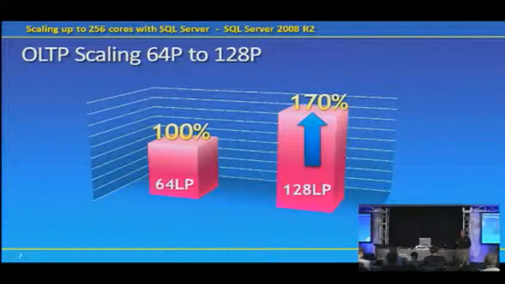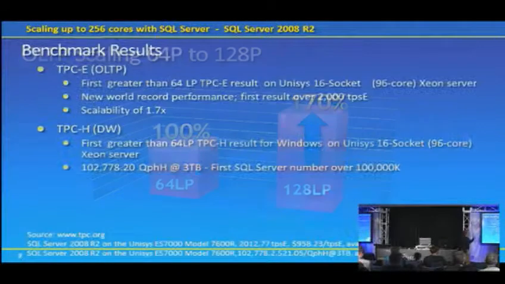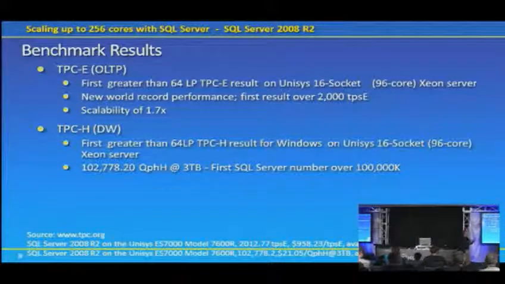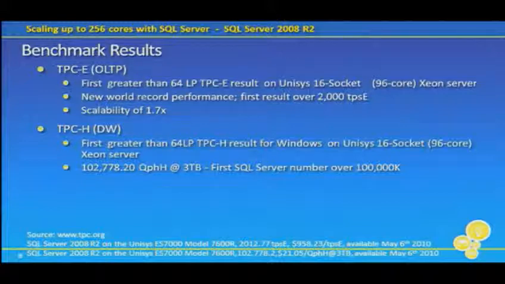So going up to 128 processors, this is a place I won't spend a whole lot of time talking about because we've published those numbers. So these are out there. You can get access to it. There are restrictions about how much I can get creative in talking about these, as it's part of the Transaction Processing Council mandates.